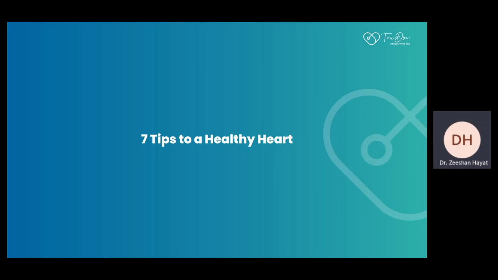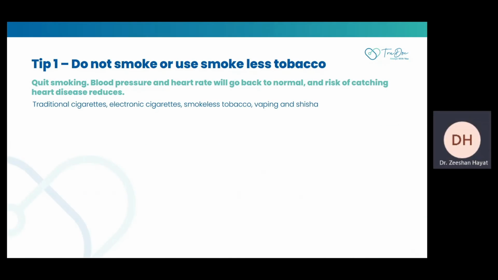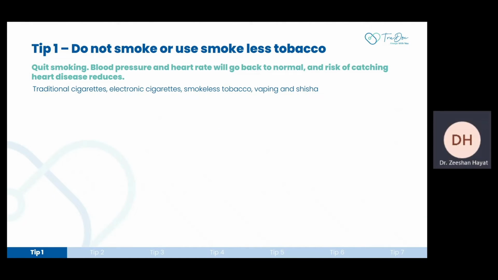Going over 7 healthy tips that you need to look at when you feel you have risk factors. The first is: don't smoke. Any sort of smoking you should avoid: cigarettes, vaping, shisha.